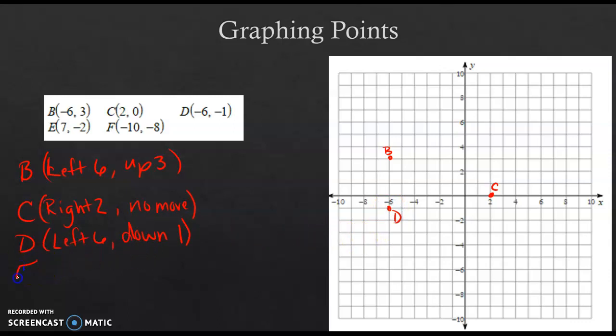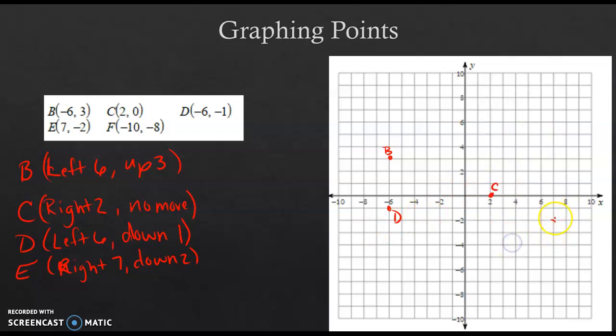And then point E, +7, so that's going to be right 7, and then -2, so that means down 2. So we're going to go right 7, so there's 6, there's 7, and down 1, 2.